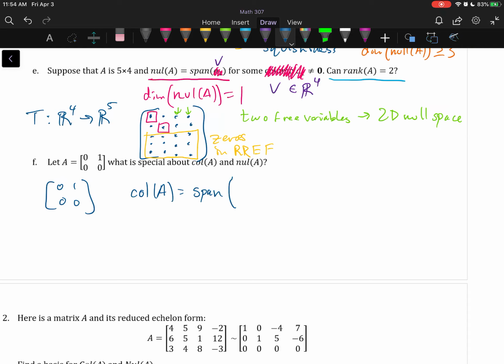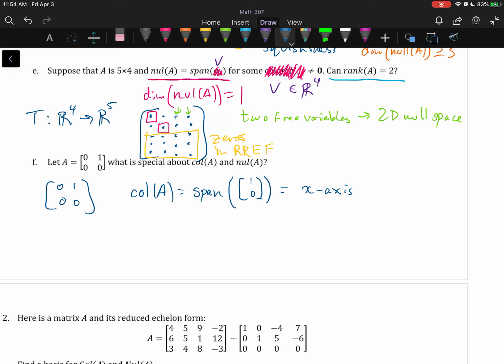And in this case, really the only column that's worth anything is 1, 0, which is basically the y-axis. No, it's the x-axis. My bad. This is the x-axis.